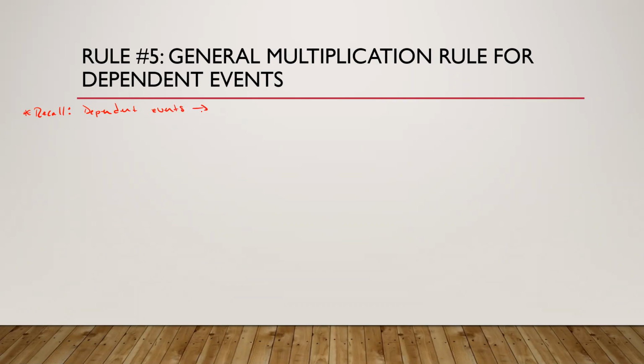We know independent events mean the occurrence of the first event does not affect the occurrence of the second. So what do you think dependent events are then? Two events are dependent if the occurrence of the first event affects the occurrence of the second event.